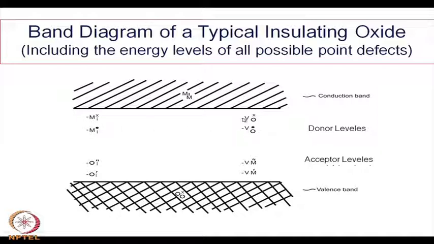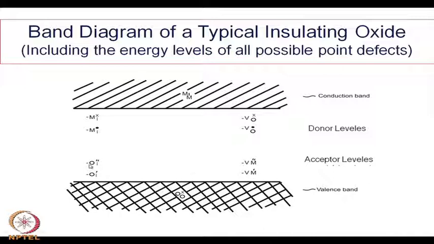So, this is the level compared to that energy, and so these are not negative signs. Here you have metal vacancy with a positive charge, one positive charge, and metal vacancy with double positive charge, sorry, these are negative charges, effectively negative charges, because the positive charge is missing. So, it is effectively a negative charge.